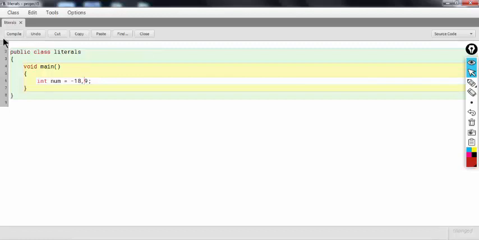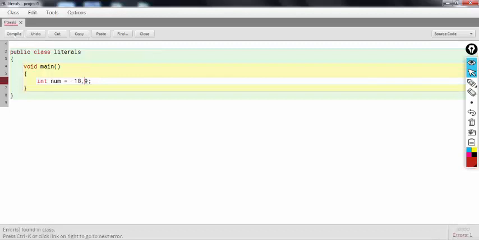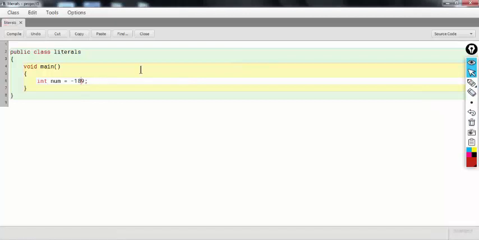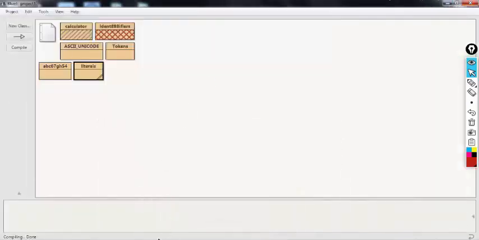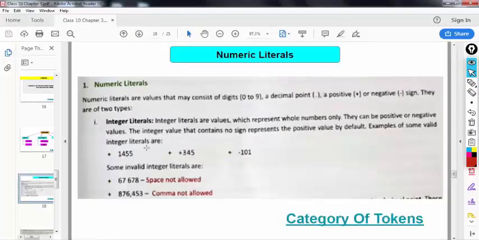So this will also not compile. Okay, so errors found. So remove the comma, compile it, and it will compile. So I hope this point is clear about integer literals.